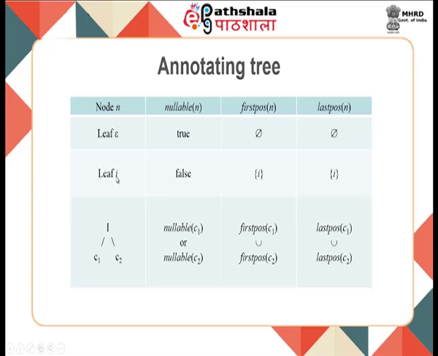Supposing the leaf is labeled with any other character i, call it A, B or whatever it is, any input symbol, then I will say the nullable of that particular node is false. Okay, this is obvious. Supposing a particular node has epsilon as its value, then from that node, that subtree, I can generate an epsilon string.